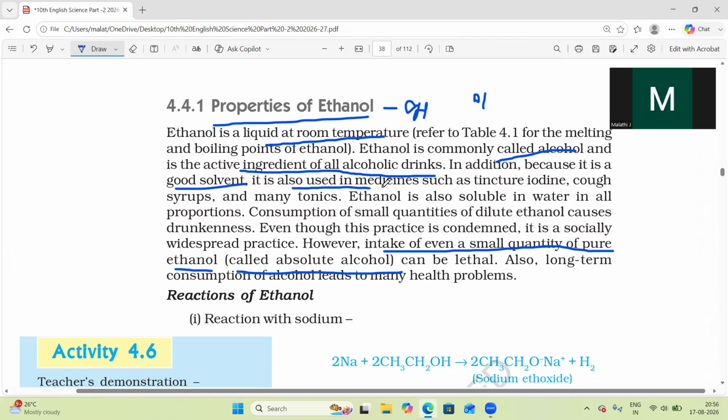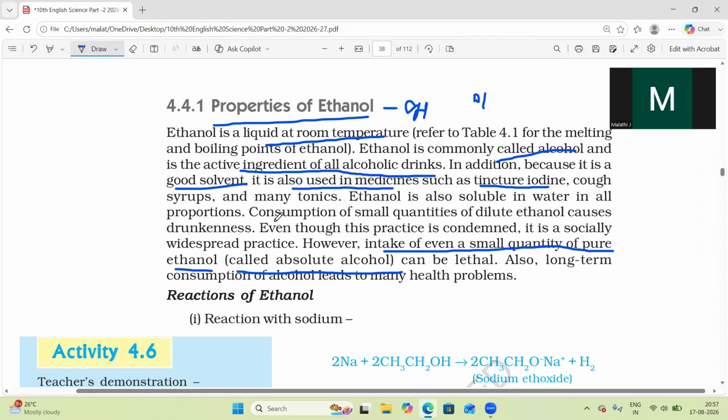It is used in medicines such as tincture iodine, cough syrups and many tonics. Ethanol is also soluble in water in all proportions. So it has the capacity to dissolve many substances in it. That is, it is a good solvent, so it is used everywhere.